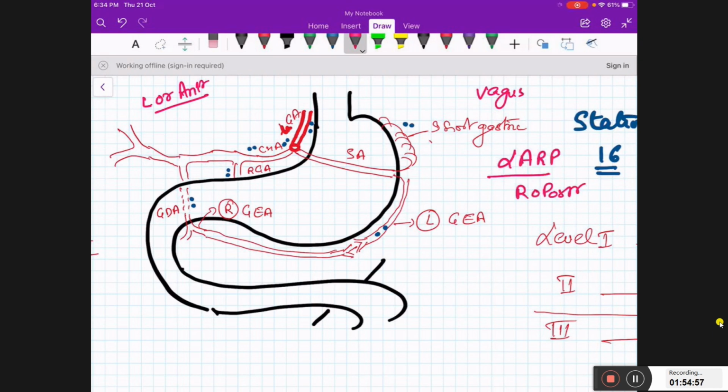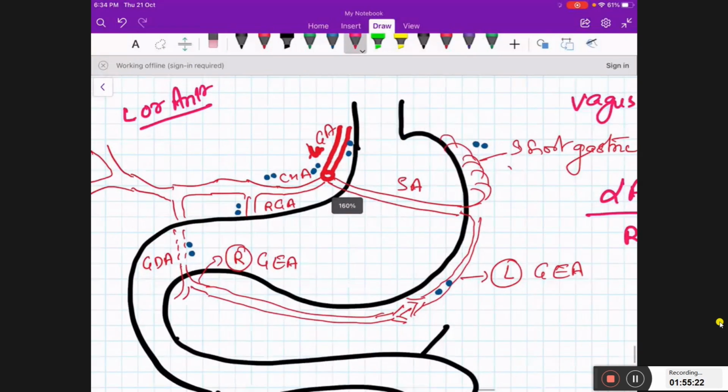So the left vagus nerve is also called the anterior vagus nerve, and the right vagus nerve is also called the posterior vagus nerve. So the mnemonic for this is LARP. I did not make this, it is in standard books.